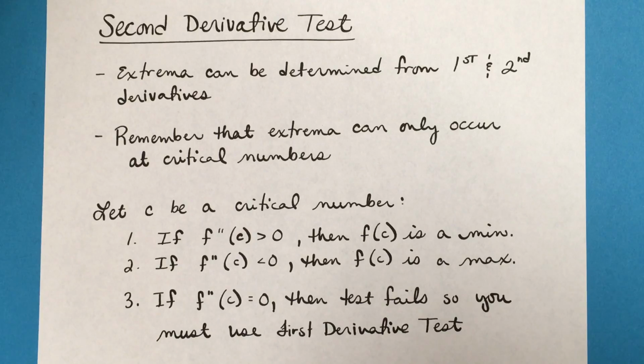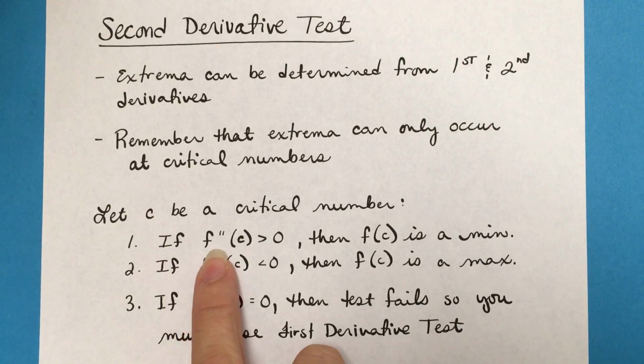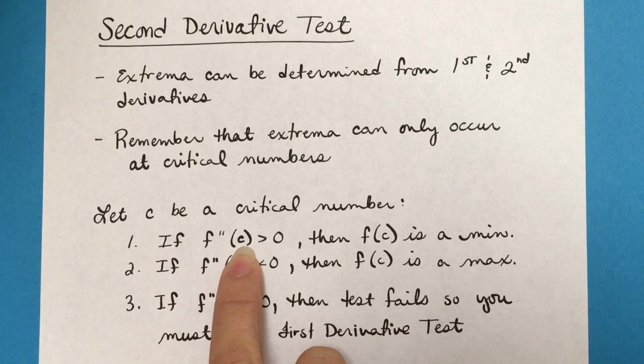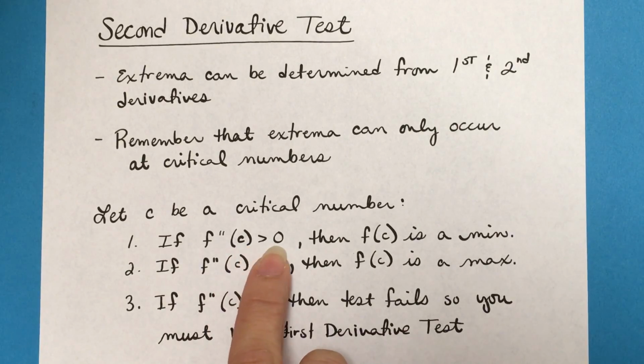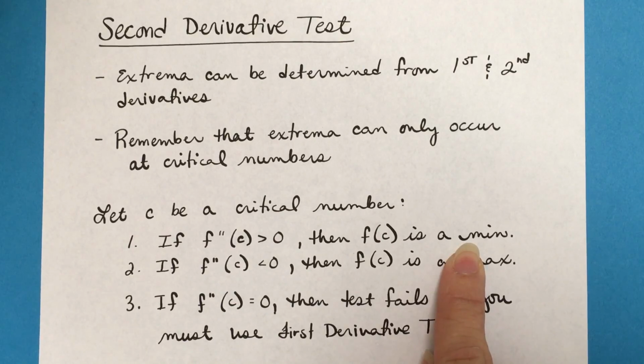Okay, now here's how your second derivative is going to work. So if you evaluate your second derivative at your critical number and you get something that's greater than 0, then that actually tells you that you have a minimum. Okay, I know it's right the reverse of what you would think, but remember, we're using second derivative this time.